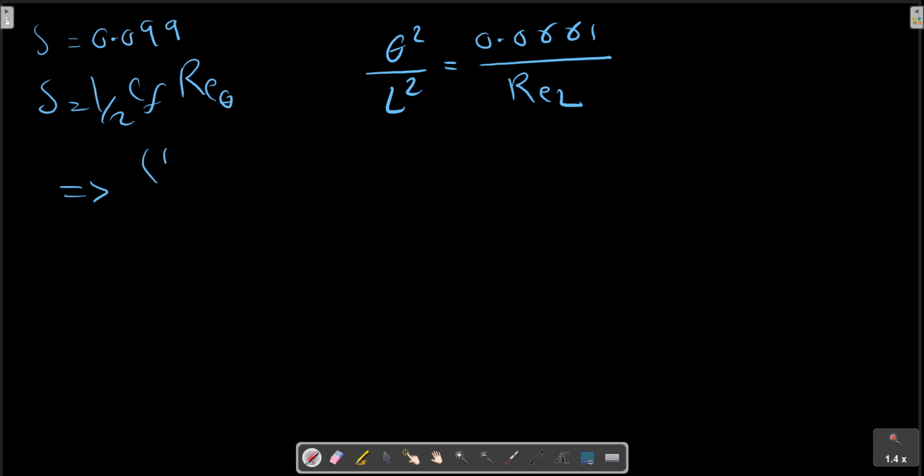We have Reynolds U L on nu multiplied by theta squared on L squared.